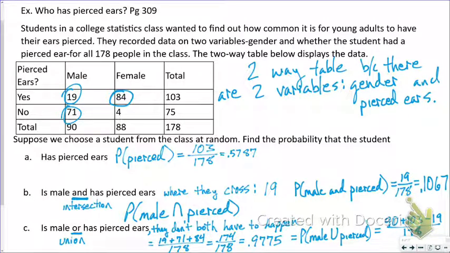And if you do it that way, you get the same exact answer. Because when you add those two right here, you're adding 19 twice. So either way, pick your method. Just add up the ones we did initially, or use the formula on the bottom right. Doesn't matter to me.